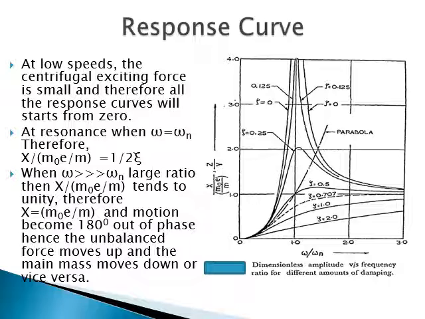And when the speed is quite high compared to the natural frequency, that is, omega by omega n is greater than 1, a large ratio such as 2, 3, 4, 5, then the ratio x by m0 e by m tends to 1. They are all reaching 1 as we increase the frequency ratio.